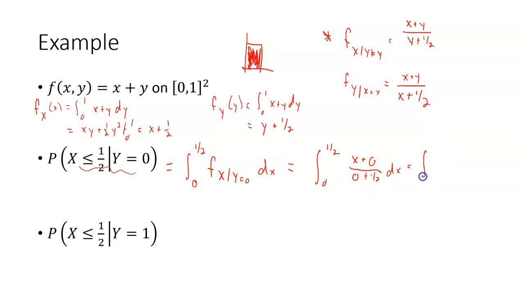So I have the integral from 0 to 1 half of 2x. We integrate that to x squared from 0 to 1 half, and we get 1/4. Go ahead and try the second one.